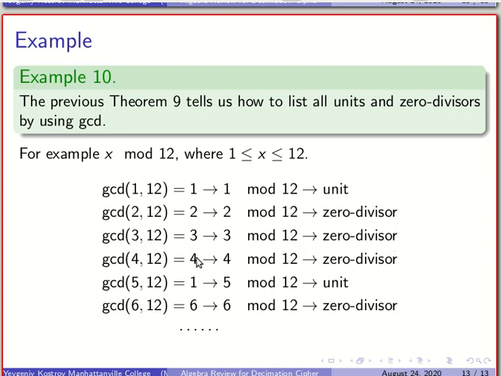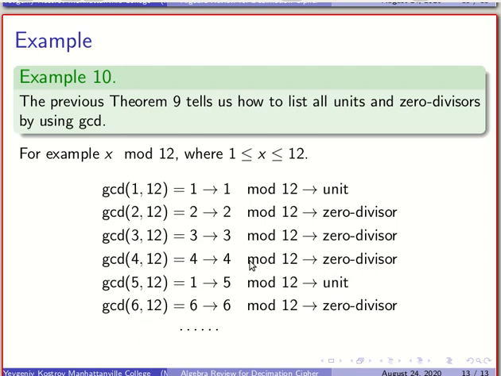The same is true for 4. It's going to be a zero divisor. And for 5 and 12, the greatest common divisor is 1, because 5 is a prime number, and 5 does not divide 12, unlike 3. 3 divides 12, that's why it's a zero divisor. But for 5, we're going to get a unit.